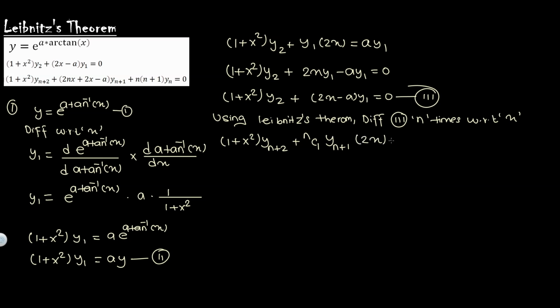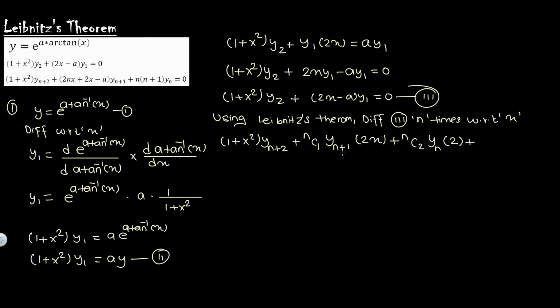Plus we write nc2, and again reduce this term by 1. So we'll get y n and the derivative of this term will be just 2. We have reached yn, so we don't need to move further.